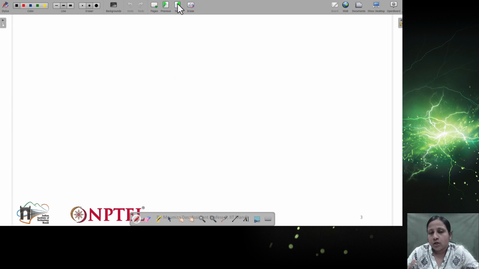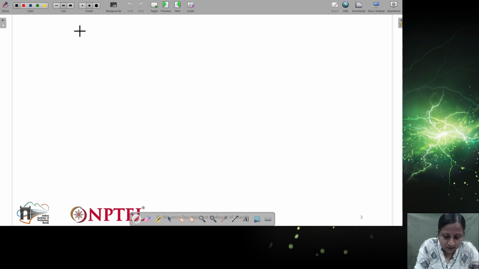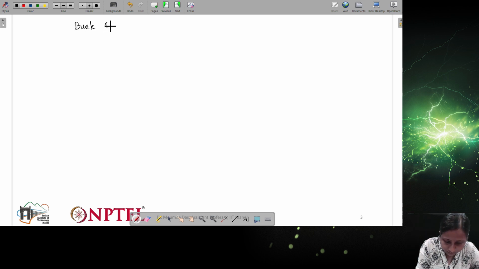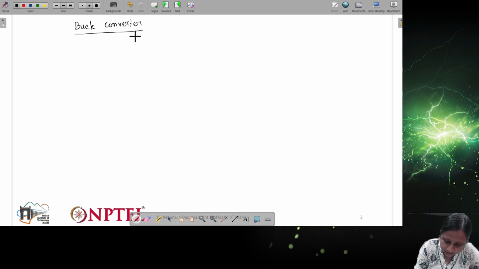Now if I have to identify these noises in a circuit, let's see how this is going to be. Let's consider an example of a buck converter. Buck converter is a simple power electronics converter. So let me just draw the circuit diagram of the buck converter, then I can show how this CM noise and DM noise will be in that particular converter.